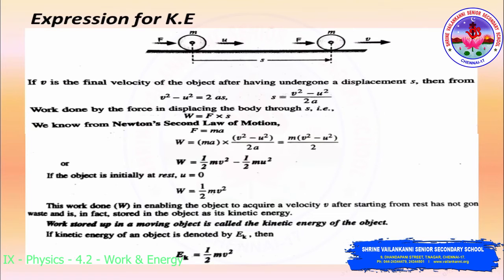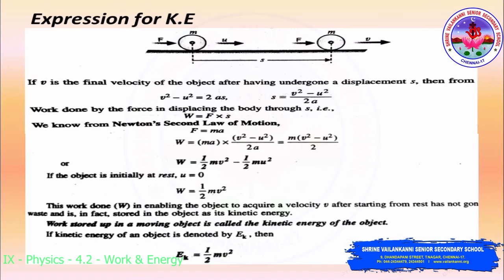F equals ma. So W equals ma into s, that is ma into v square minus u square by 2a. Simplifying, we get m into v square minus u square by 2. So W equals half mv square minus half mu square.